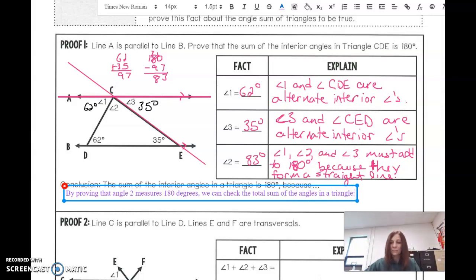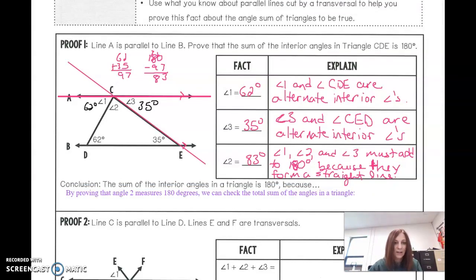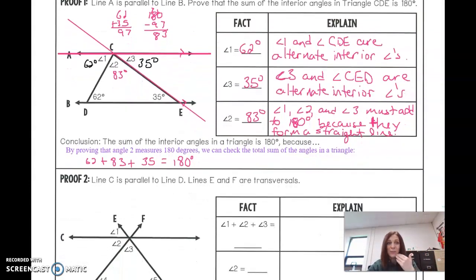We came up here that angle 2 here is 83. 62 plus 83 plus 35: if you were to grab a calculator and add those all together, it would equal 180 degrees. So this is a big idea in geometry, taking things that we know and being able to prove other things.